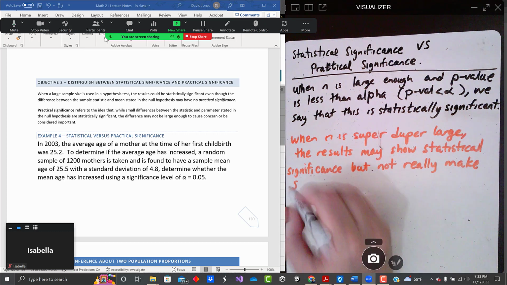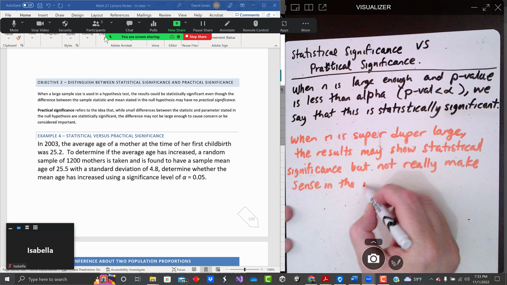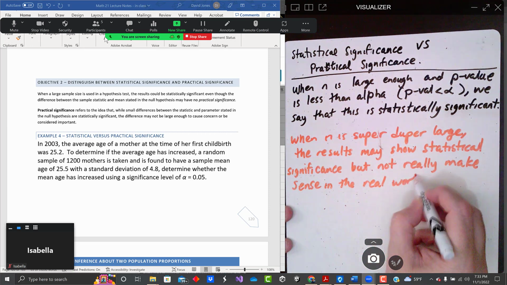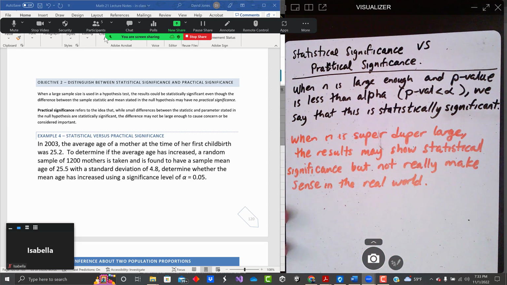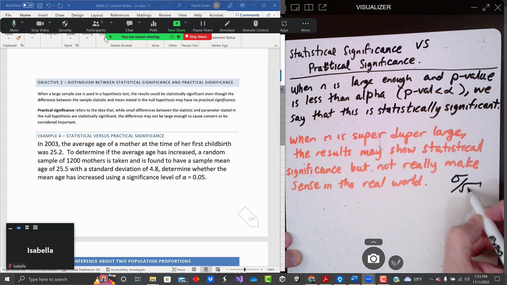Significance. Like we have stuff and it's based on this sigma divided by the square root of n.